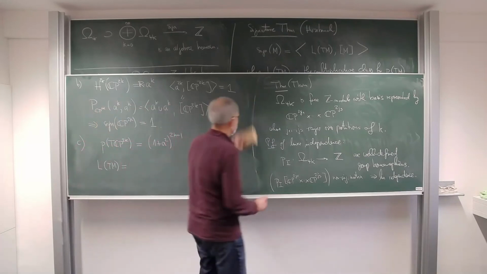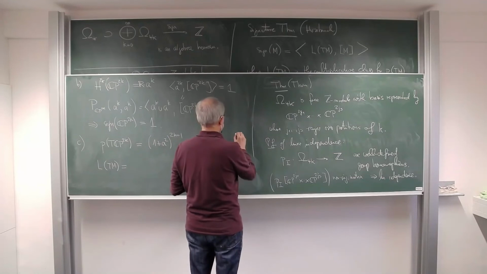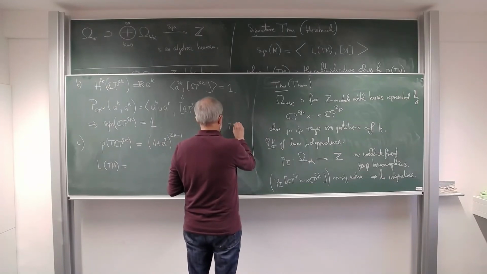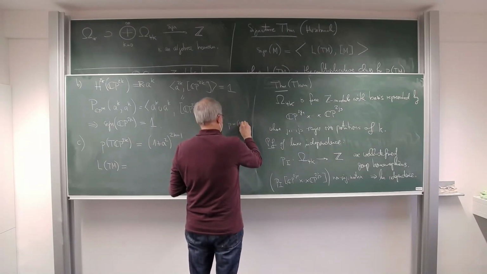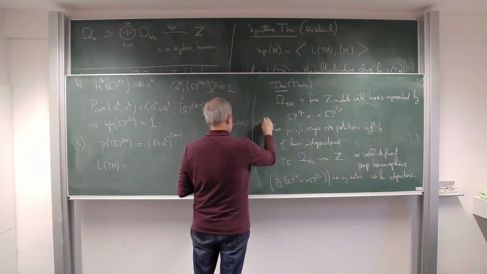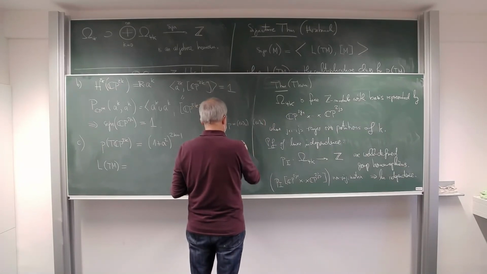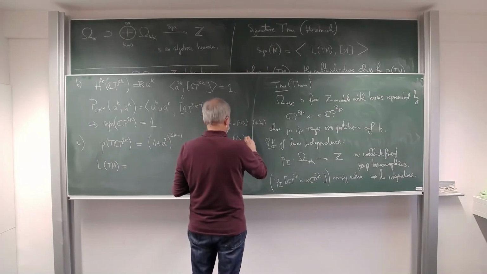So the general rule would be: if you can write P as (1 plus lambda 1) all the way up to (1 plus lambda k), then the corresponding L class would be to take these lambdas, insert them into the power series and multiply those.